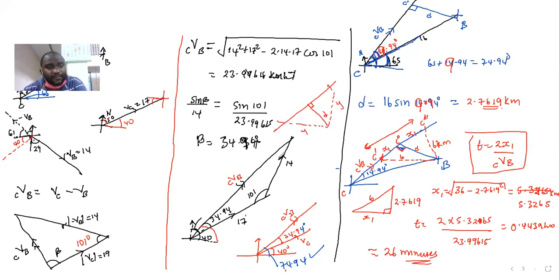Then you find x1 and x1 there. You can even use an isosceles triangle relation. This distance is the line of the relative velocity of the cruiser to the boat, so the time can be got from twice x1 over VCB, and then you can compute and get the answer.